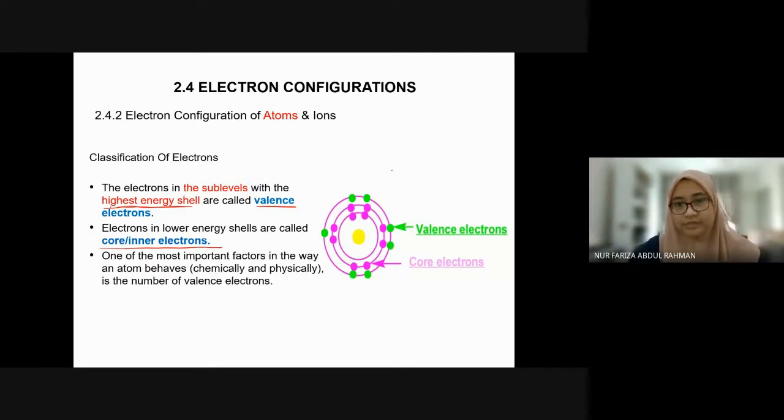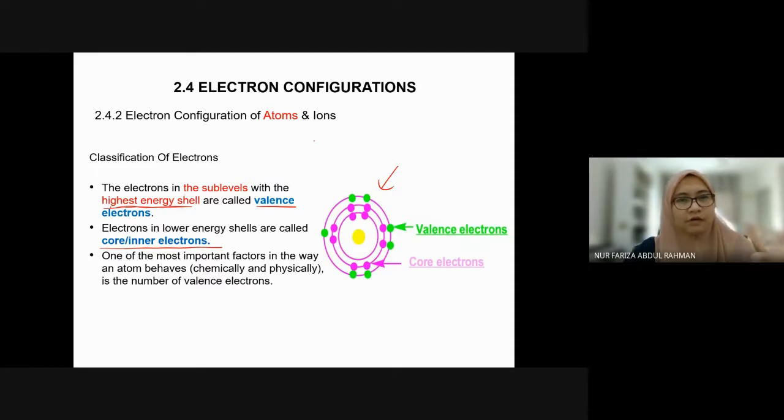This is a diagram to explain how we can differentiate between valence and core electrons. The green one represents the valence, at the outermost shell. The core would be the electrons that reside in the inner shells, n equal to 1.